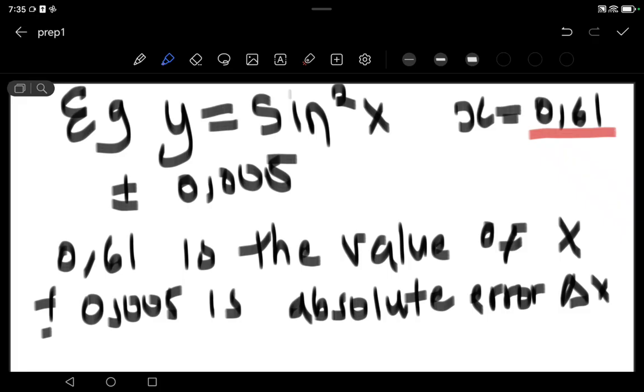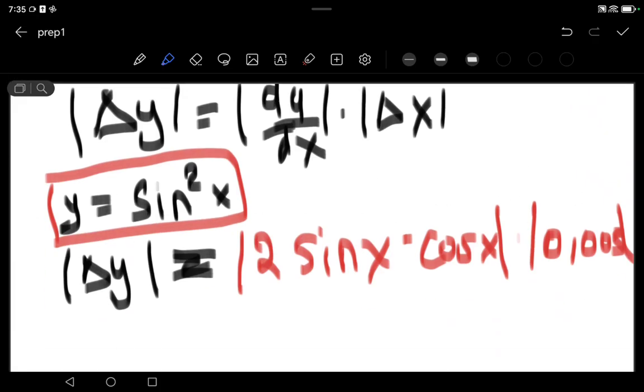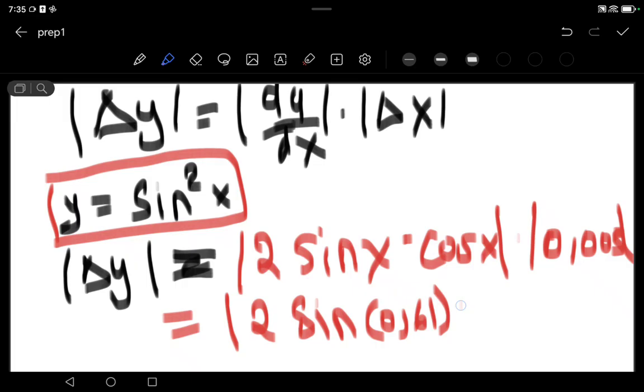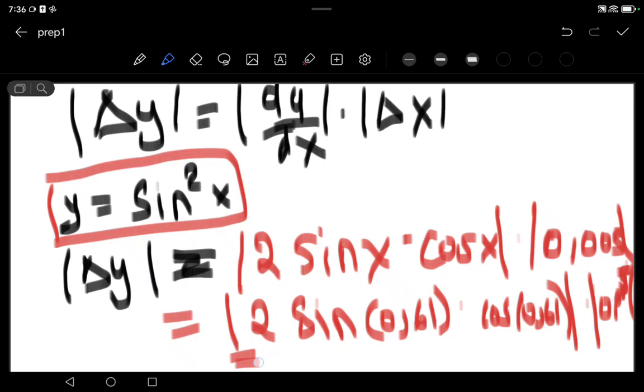So wherever there's x, we put 0.61. It's going to be 2 sine 0.61 multiplied by cos 0.61, times the absolute value of 0.005, and then you're going to get the answer.